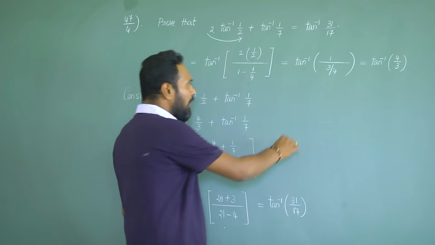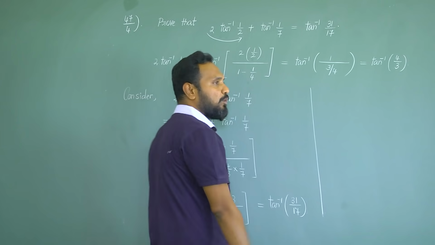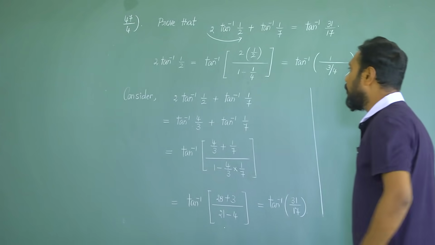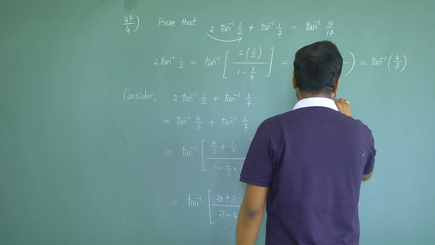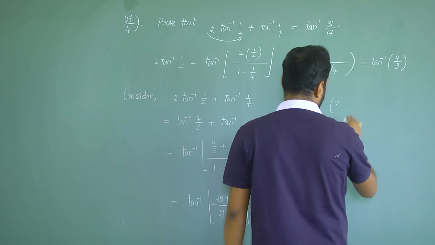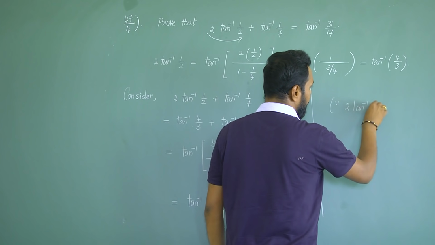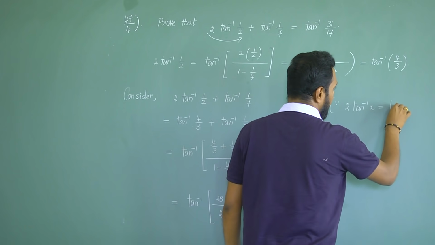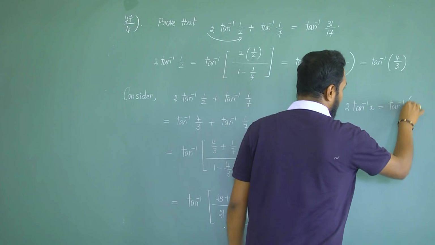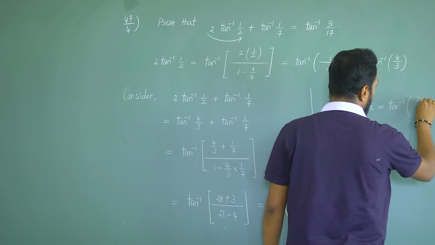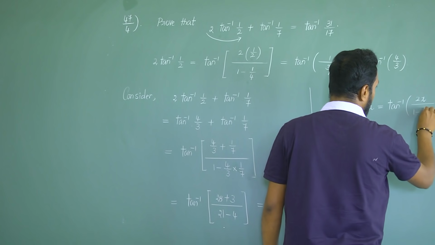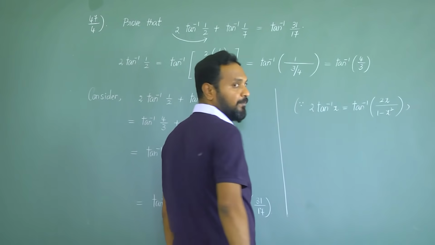Now, what are the two formulas we have used in this particular solution? Means, first one we have used 2 tan inverse x in terms of tan inverse, that is tan inverse of 2x by 1 minus x square.